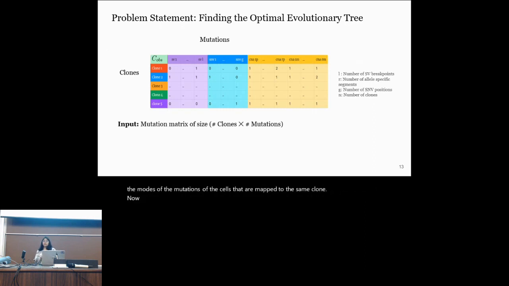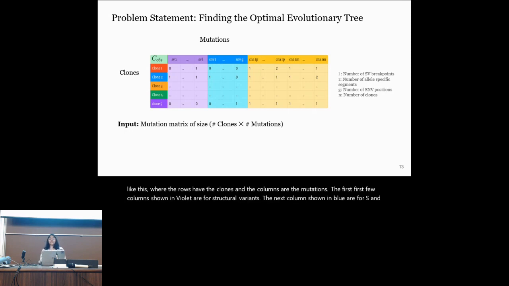Now I have a clonal mutation matrix that I just explained in the previous slide, which looks like this, where the rows are the clones and the columns are the mutations. The first few columns shown in violet are for structural variants. The next columns shown in blue are for SNVs. These two are binary. However, the copy numbers are not binary. They are integers, and we deal with allele specific copy numbers.